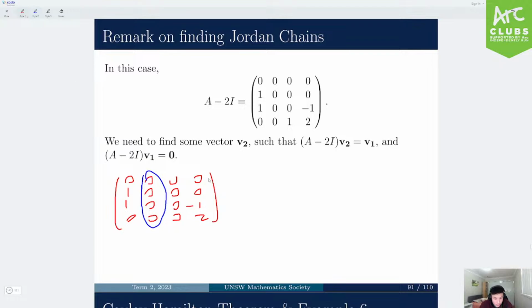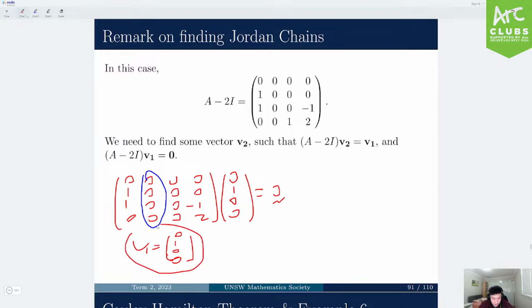So if we multiply this matrix by the vector 0, 1, 0, 0, that is just going to extract the second column, which turns out to be the 0 vector. So suppose v1 is equal to 0, 1, 0, 0. We essentially need to find a vector v2 such that if we multiply A minus 2I with v2, we get this vector here.